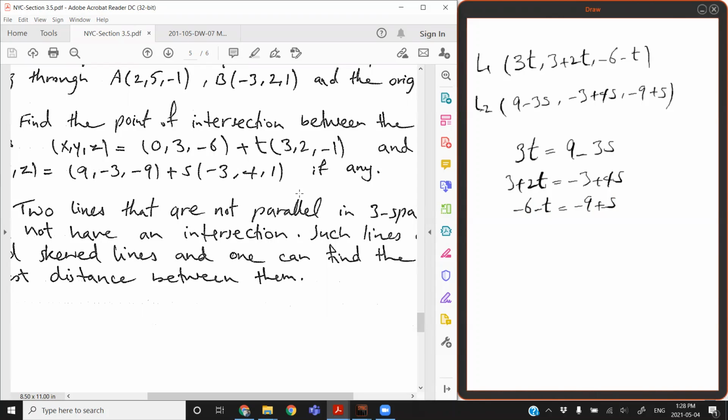If I can find some t and some s so that this linear system has a solution, then I have found the point of intersection. But if this linear system has no solution, then there is no point of intersection. Let's see. I'm going to write that in the form of a standard linear system. So 3s plus 3t is equal to 9.